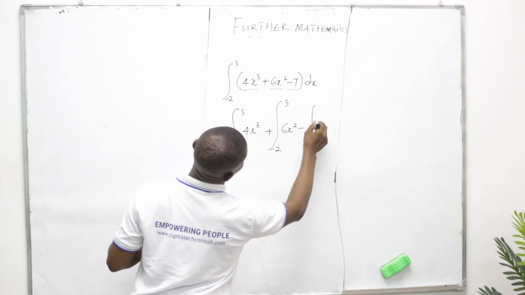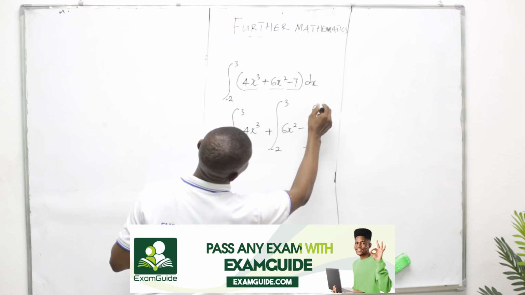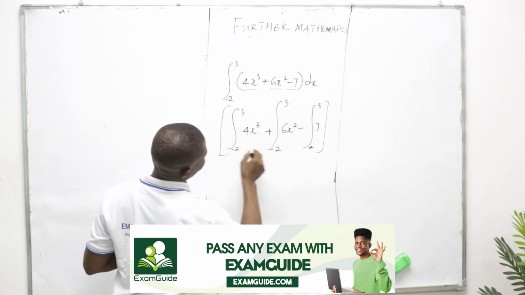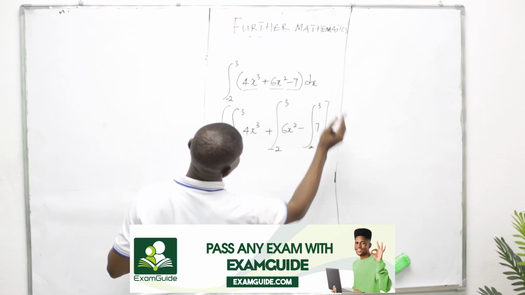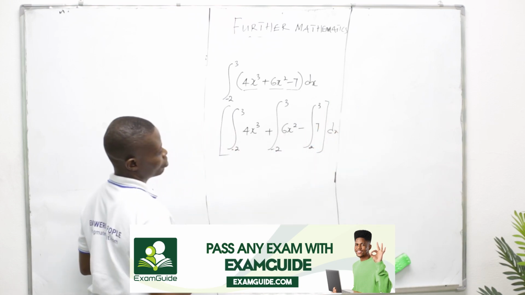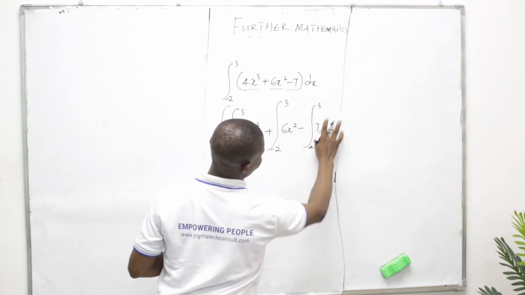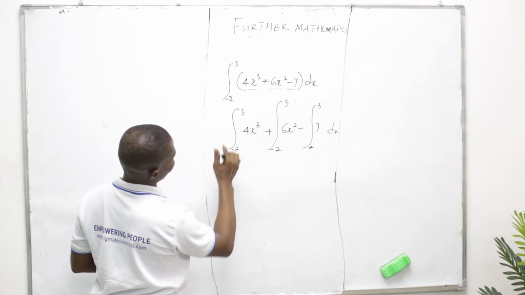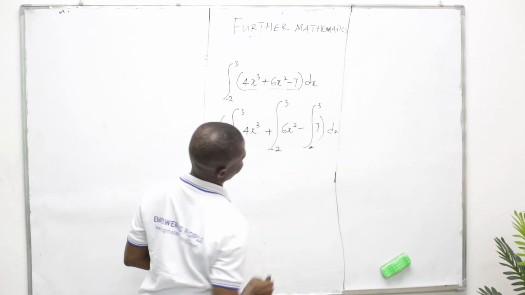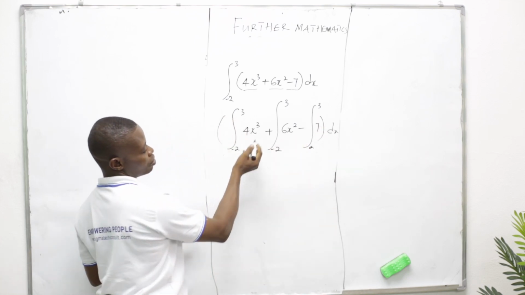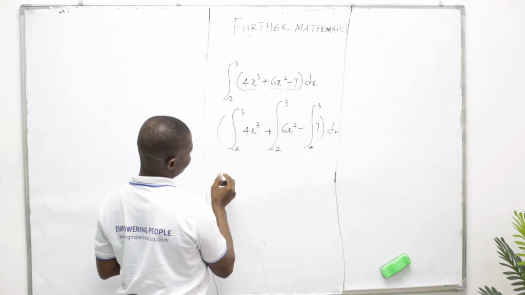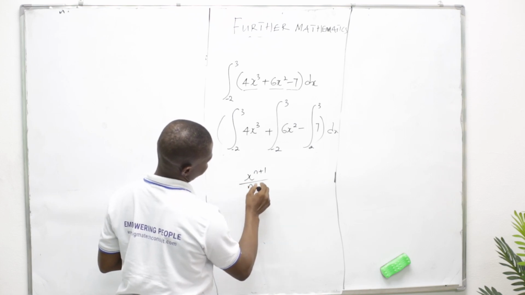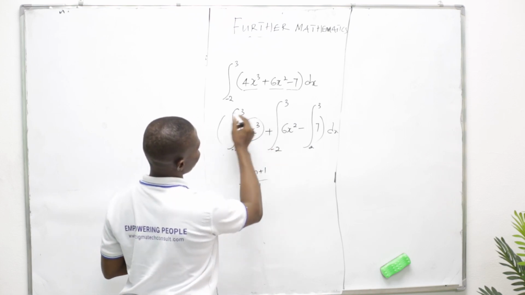Minus 7, or the what? The x. Now, if you remember the formula we'll be using, x power n plus 1 all over n plus 1, this will give us what?